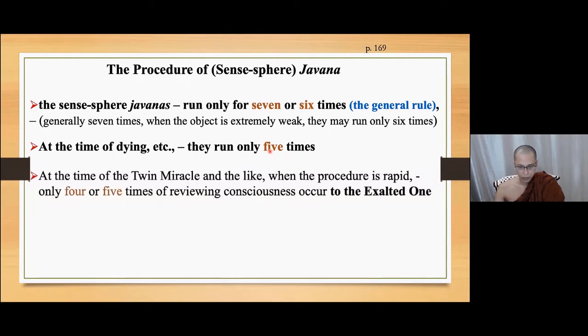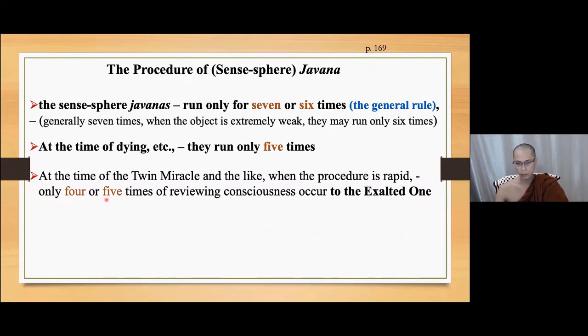Then when the Buddha performed the twin miracle, this is a special occasion. At that moment, because the procedure is very fast, in the Buddha's mental process the javana runs four or five times.